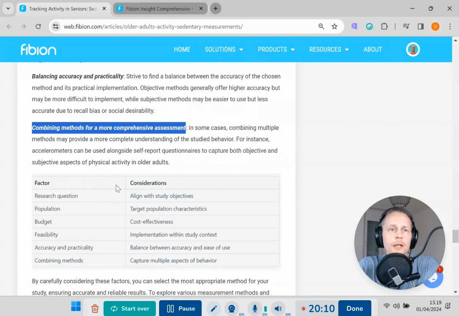So it's a good idea to combine different methods. And we actually have an article about combining methods and getting the context of physical activity and sedentary behavior.